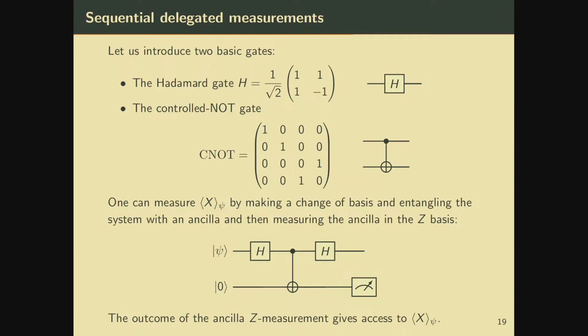And what does this gate do? Well, basically, if your qubit here is ket 0, which corresponds to this transformation, it acts like identity, so it does not change anything. But if your qubit on the first wire is ket 1, which corresponds to the image of these 2 vectors, then it will flip the result of this qubit here.